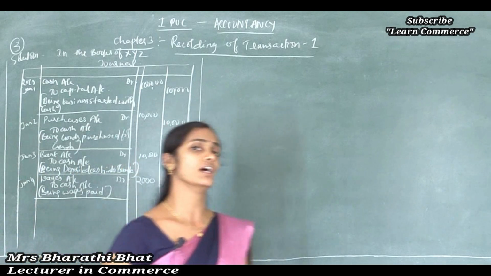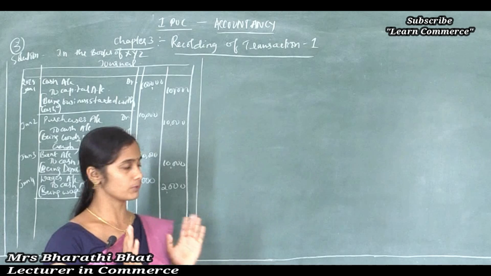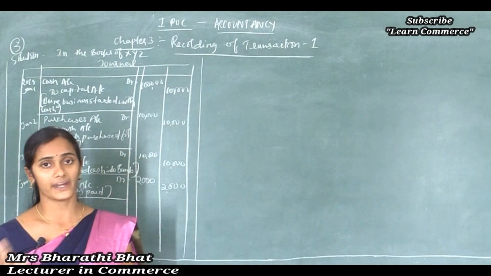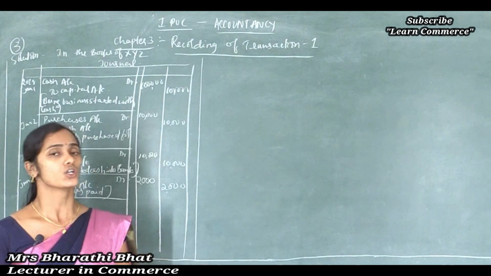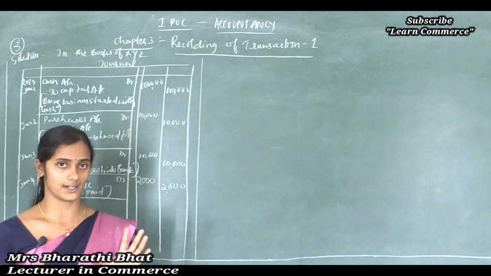Purchased a computer for rupees 20,000 and paid by check. When check comes, then it directly affects the bank account. So instead of cash, what should we write? We should record bank account. Correct, right?